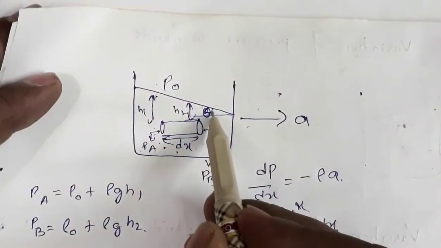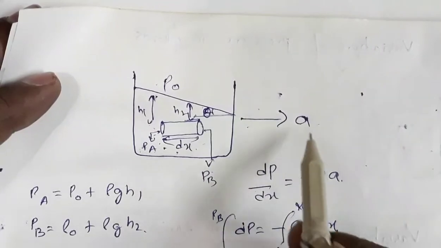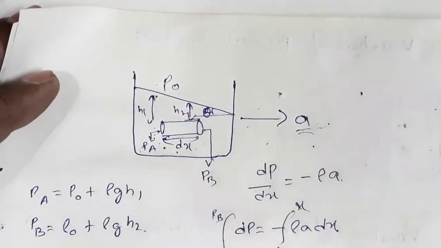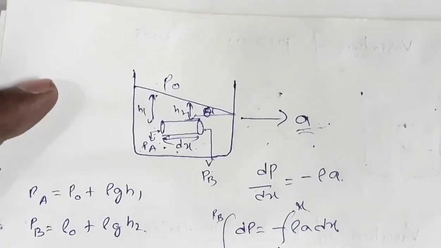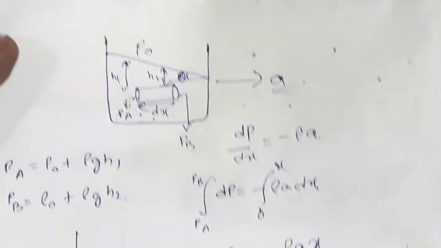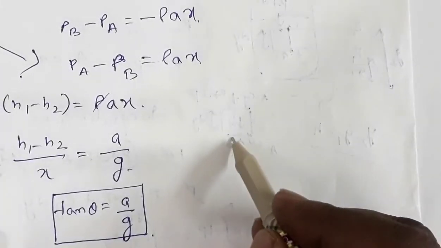This is the inclination of the free surface when the vessel accelerates in this direction with acceleration a. This inclination of the free surface can also be calculated in one more way.